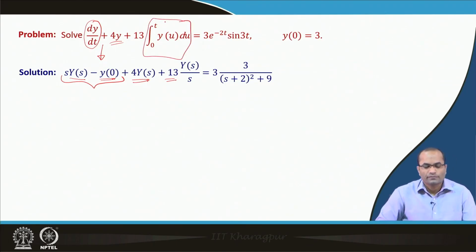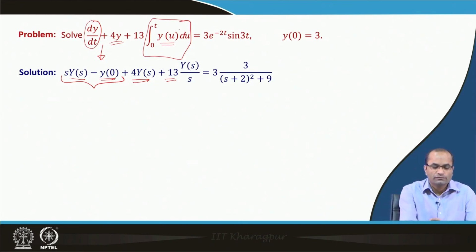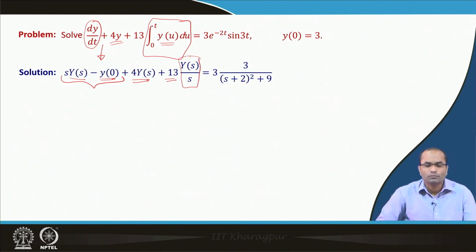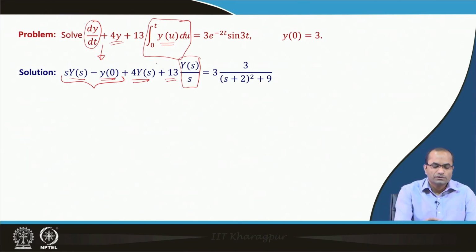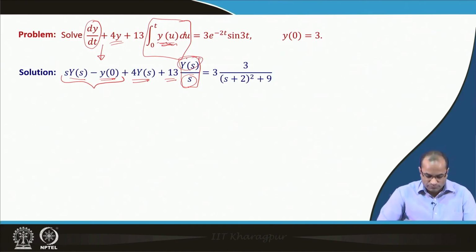Two types of these integrals we can handle. One is the direct integral from 0 to t, where we can simply apply the property for the Laplace transform of an integral, so we just divide by s the Laplace transform of the integrand. So that is one possibility.